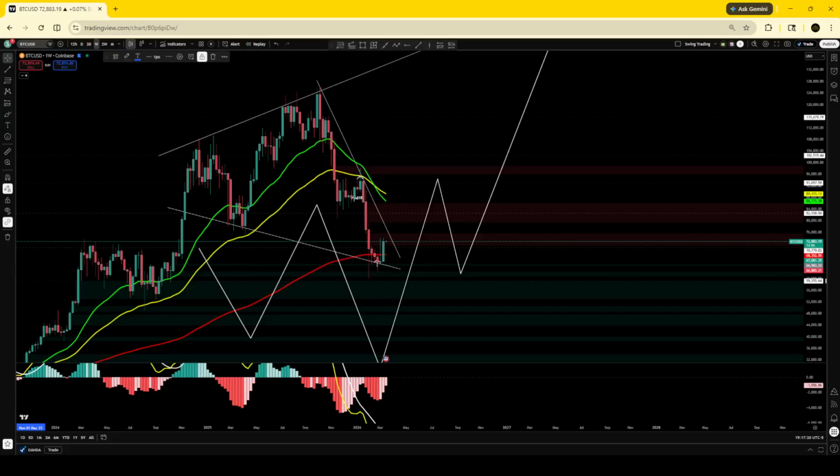That move could actually be a small bounce inside a larger downtrend. This is why professional traders almost always analyze markets starting from larger time frames first. In other words, top down analysis.